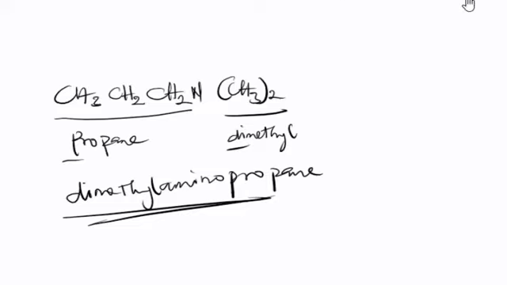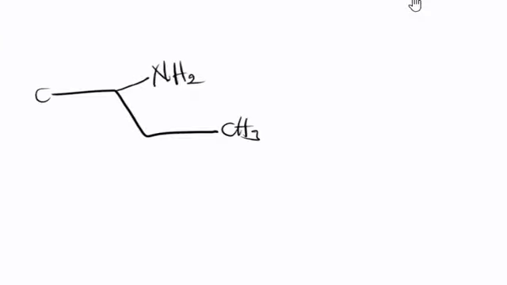So let's check the third rule. The carbon bearing the amino group is assigned the lowest possible number. For instance, if I should have this NH2 CH3 CH3, so if I number this way, 1, 2, 3, and 4, notice that my amino group will be at carbon 3.